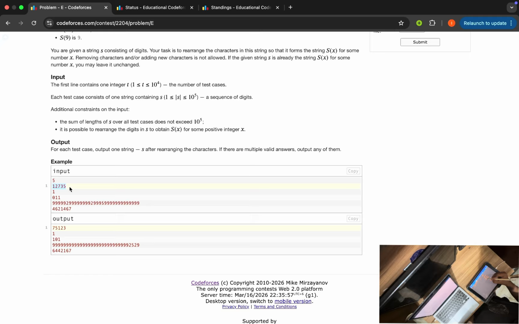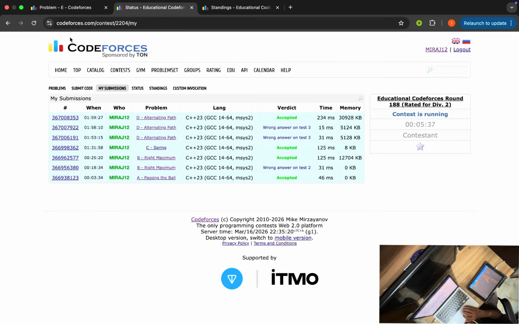And for 3 it can be 1 2 or 2 1. 3 0 is not allowed, so 1 2 or 2 1. So do I have extra 2 1? Yeah, I have. There should be some DP kind of stuff, but 5 minutes, I don't think it's possible.